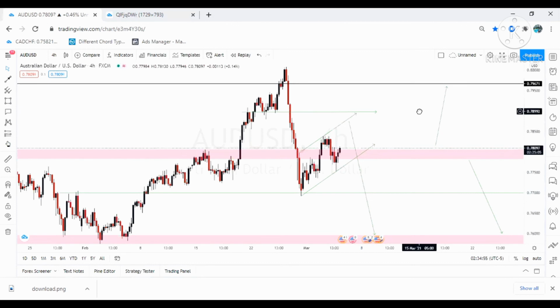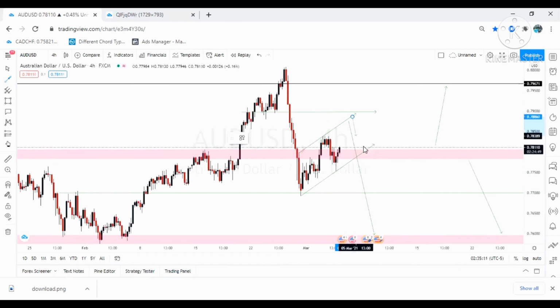So for me to enter into this trade, right, I have to get confirmation. So when the market comes here, I'm not selling. I'm only selling if it breaks this level and then retests it.